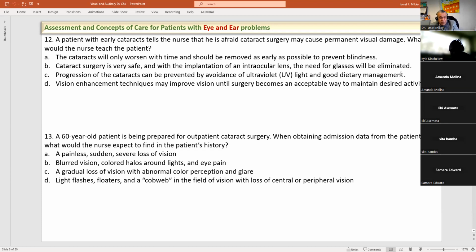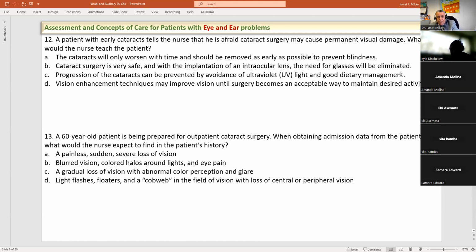If you recall, in class we also discussed the different techniques and lifestyle changes, the things the patient can benefit from, like assistive devices, while waiting for the cataract surgery, right? 13, so D is the correct answer.